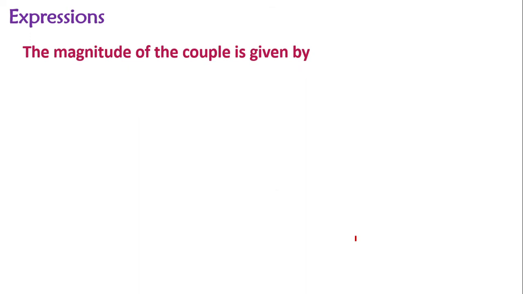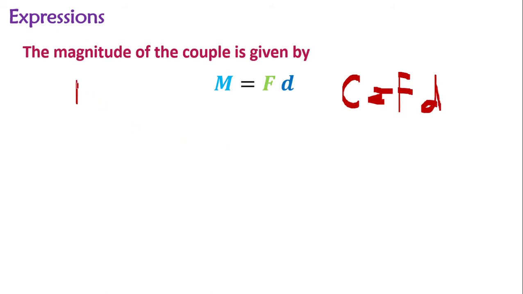So, the magnitude of the couple is given by M is equal to FD. But sometimes they're using C is equal to FD or M sub O is equal to M sub C. Kasi kung minsan hindi ginagamit ang O, pero parehas lang naman yan. M sub C is equal to FD.